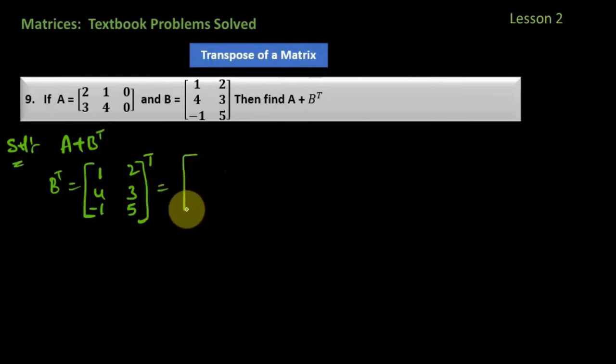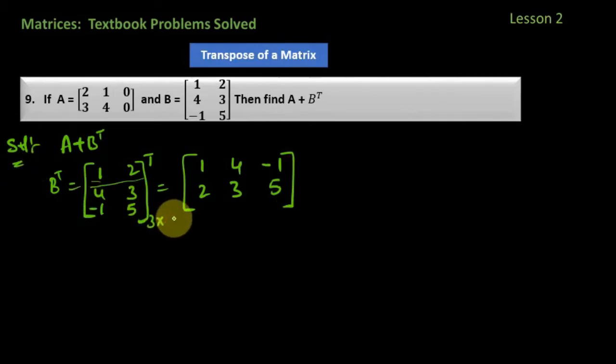Transpose means, as I said, these row elements will become my column elements. So 1, 2. Similarly, second row elements will become second column elements, right? 4, 3. And the last row elements will become the last column elements, -1 and 5. So this is the transpose of B.